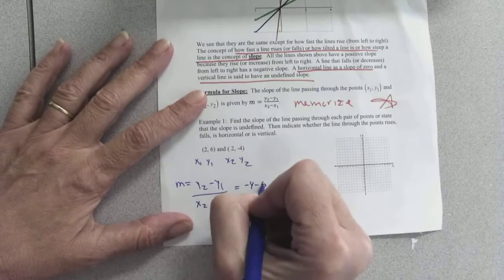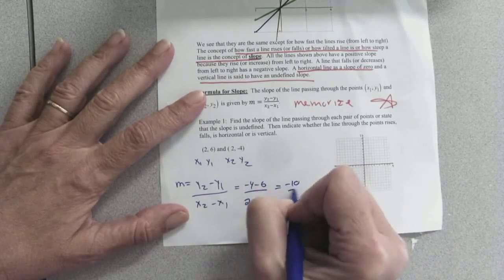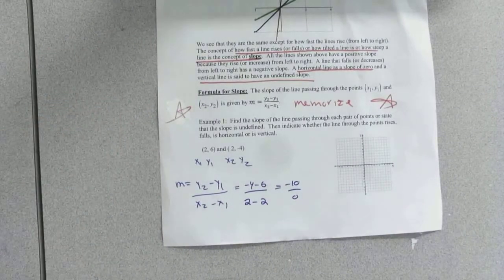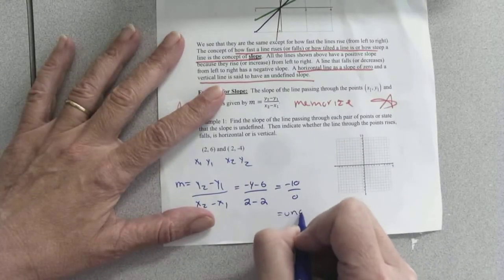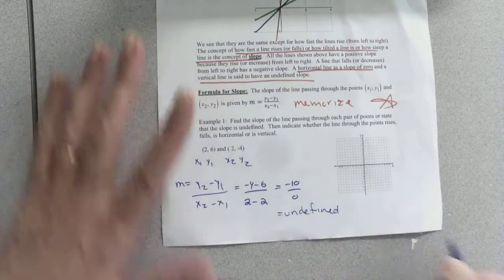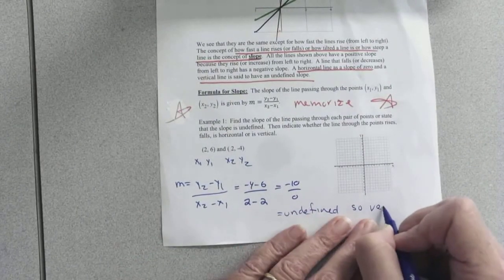And so we have negative 4 minus 6 over 2 minus 2, which is negative 10 over 0. And then you need to get this right. Division by 0 is undefined, and so this is undefined. And so that makes it vertical.